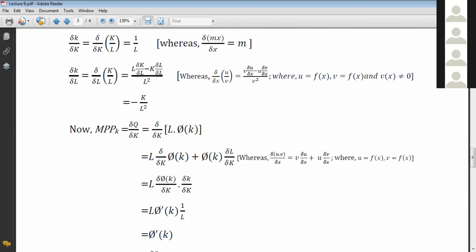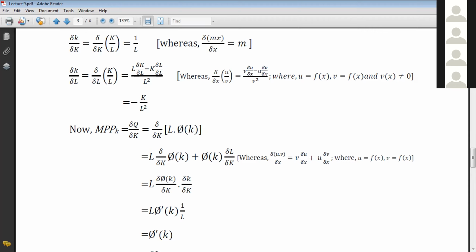So if L is u, we follow this formula: L del phi of small k divided by del k, plus phi of small k into del L by del k. Can you write in this way? Yes, ma'am. Okay.